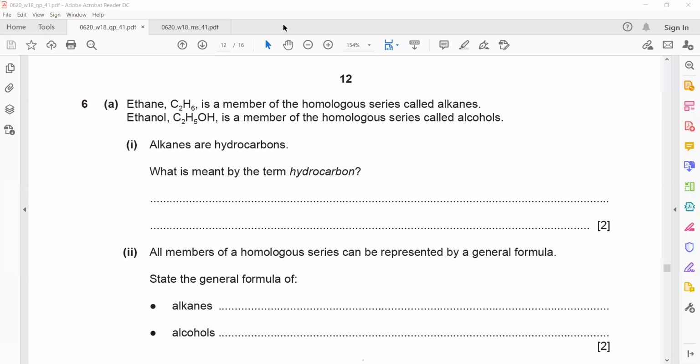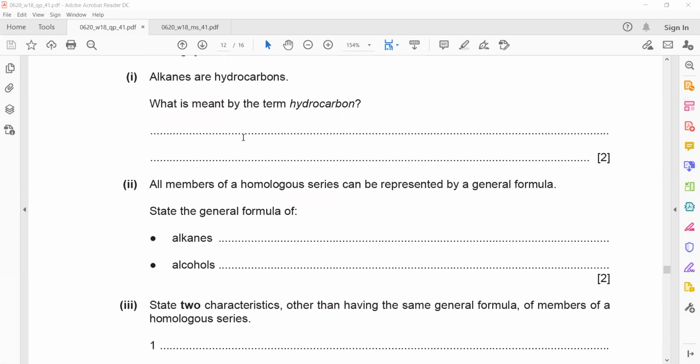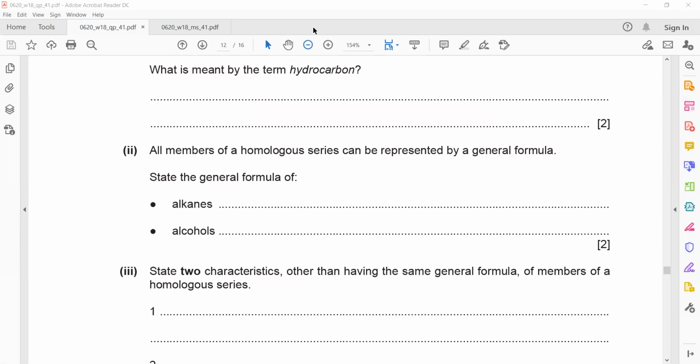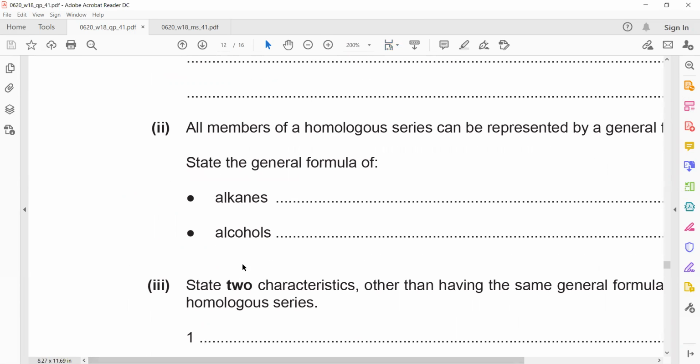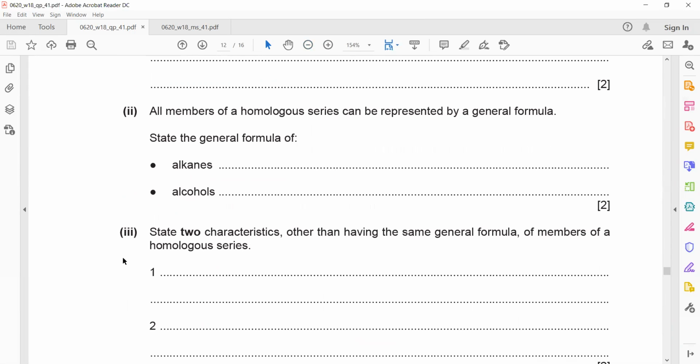That's right. So if there is carbon and hydrogen only, we call them hydrocarbon. The next, all the members of homologous series can be represented by a general formula. So what is the general formula for alkane and what is the general formula for alcohol?